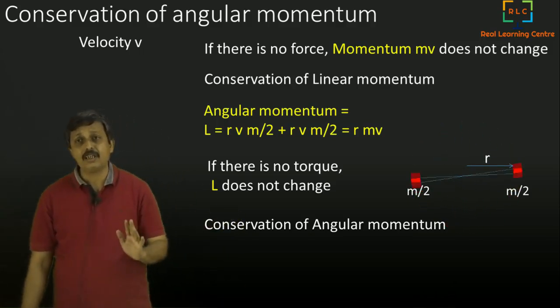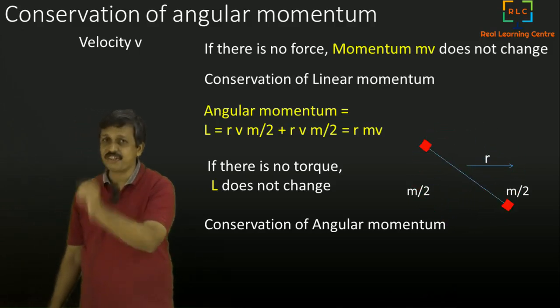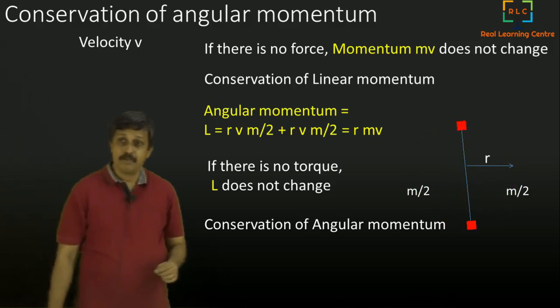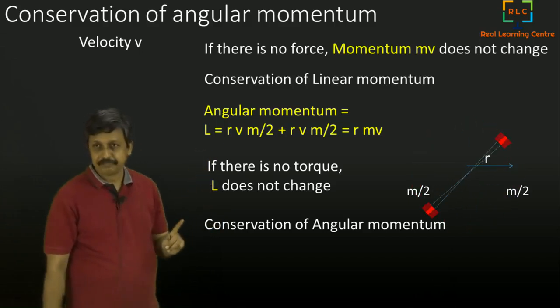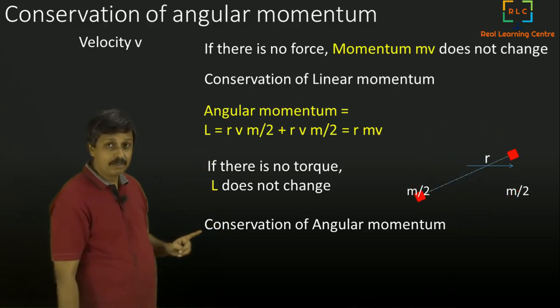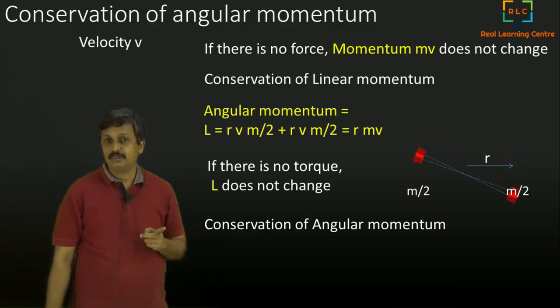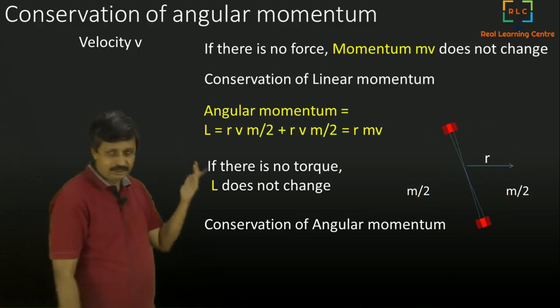It is similar to the conservation of linear momentum. However, there is one small catch here. This angular momentum is a multiplication of three variables, r, m, and v, whereas momentum is a multiplication of two variables, m and v. In the case of linear momentum, we know very well that any time mass doesn't change.